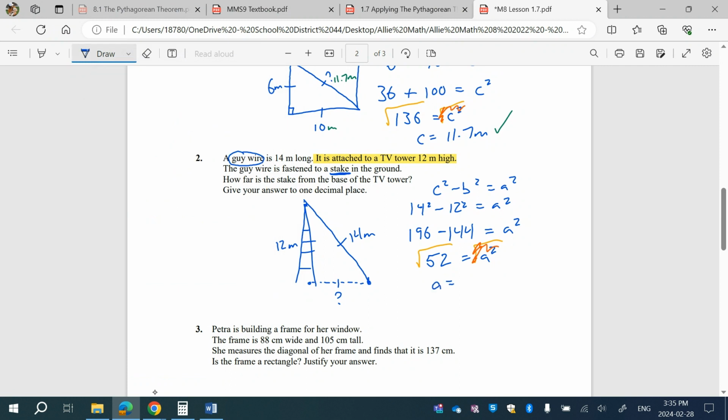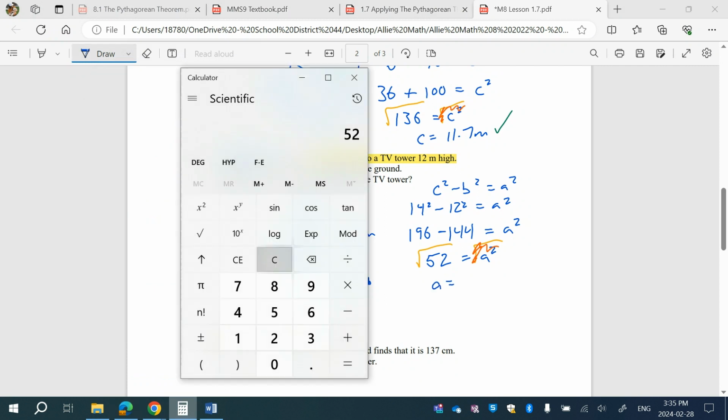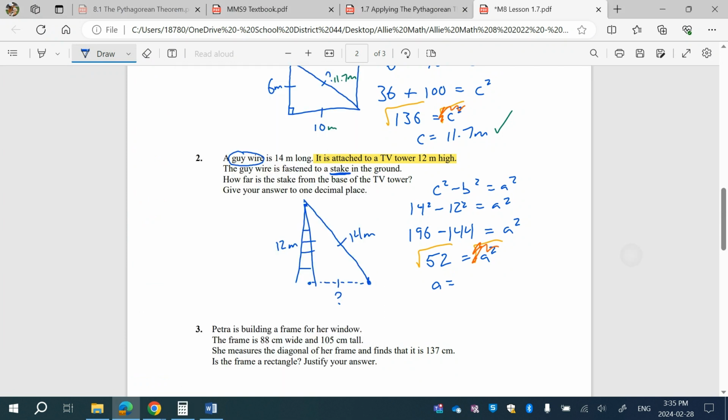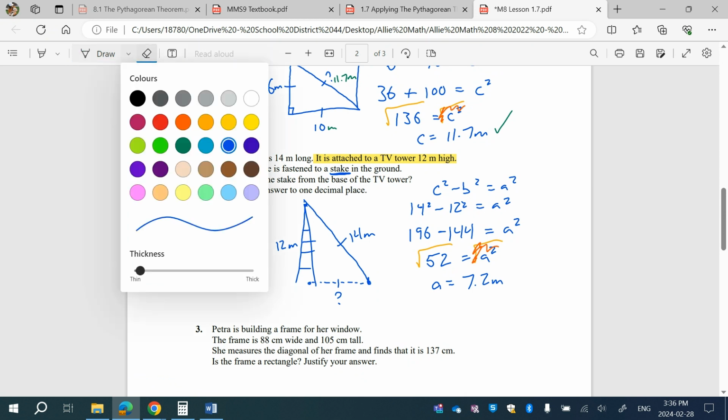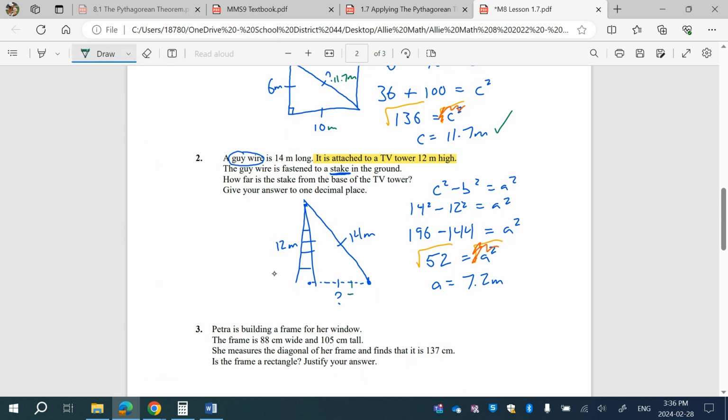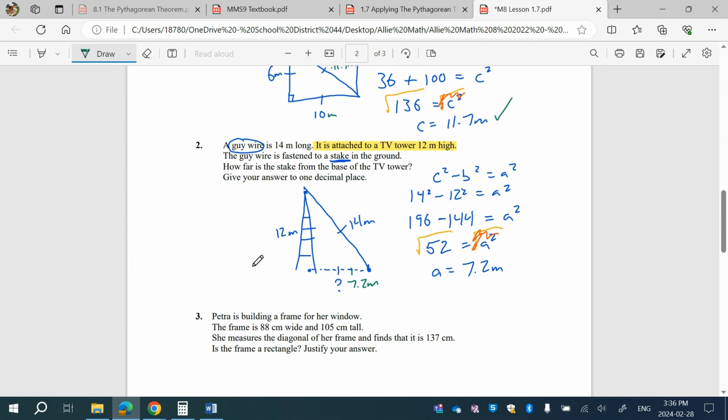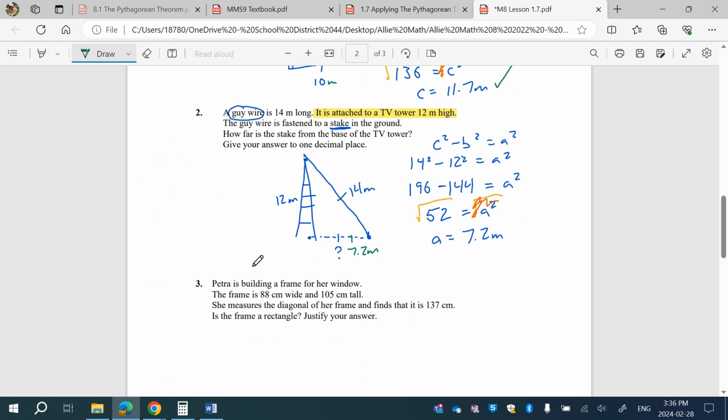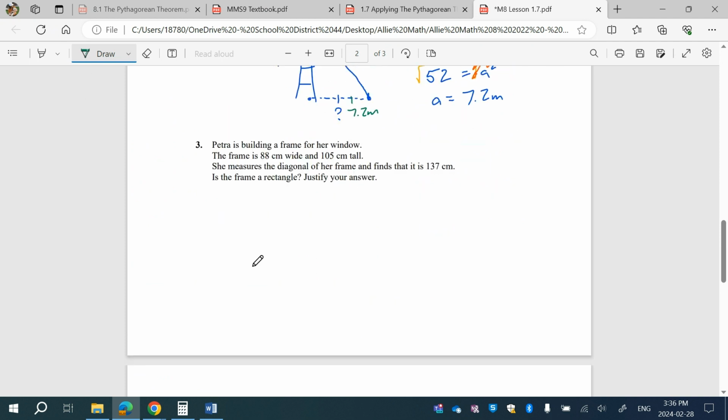So a equals 7.2. 7.2 would be meters. Our final step, ask ourselves, does this make sense? Yeah, I would say that it does. 7.2 meters. It's shorter than the hypotenuse, and it's a reasonable amount, so I would say that makes sense. Okay, let's do the next one.